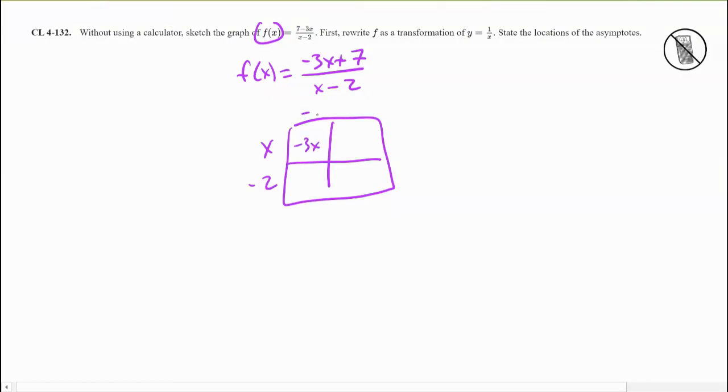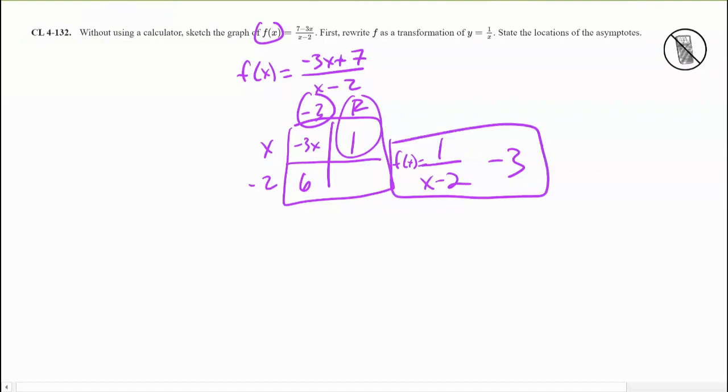So this has to be -3, and then that gives me 6, and my remainder here of 1. So remainder of 1 meaning it's going to be 1 over x minus 2, and then my constant here was -3. So here is my new f of x rewritten here in transformation form.